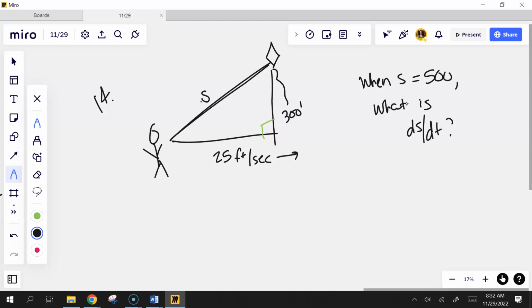How fast must she let out the string when the kite is 500 feet away from her? How do y'all interpret that? I took it as the string, but what did y'all? Abby says the height down across the ground.